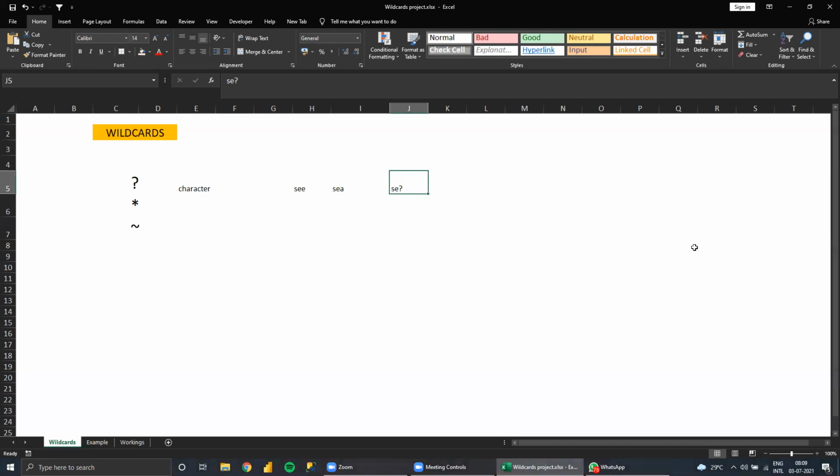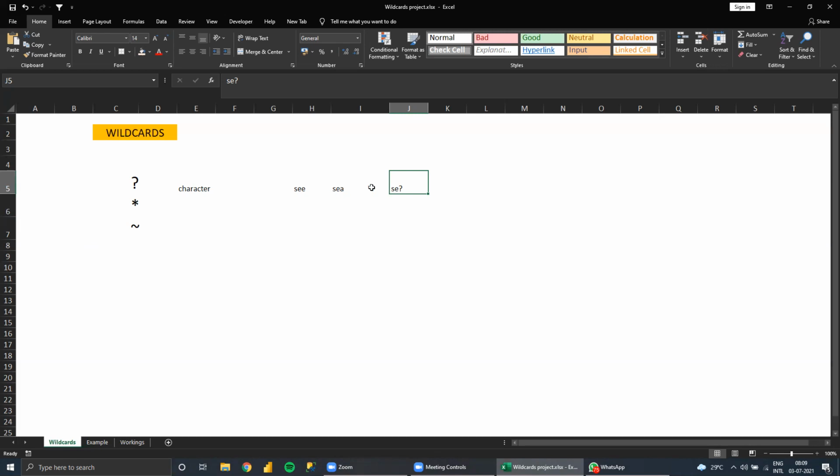This is where a single character is misplaced. Wherever you feel the word is incorrect in the formula, in place of that you put a question mark, because you cannot predict whether people type E or A. People can type anything.